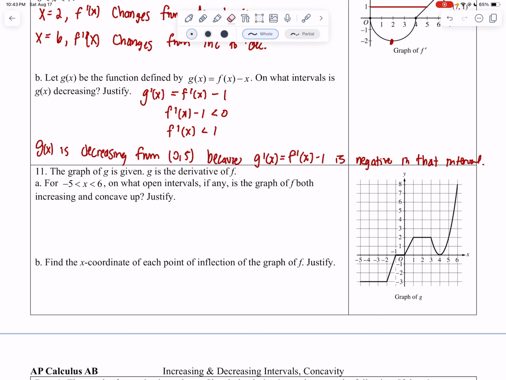So we know that g is the derivative of f, so we know that f is increasing when g is positive. In this case, we know that occurs between, let's say, 0 to 4, and then 4 to 6.